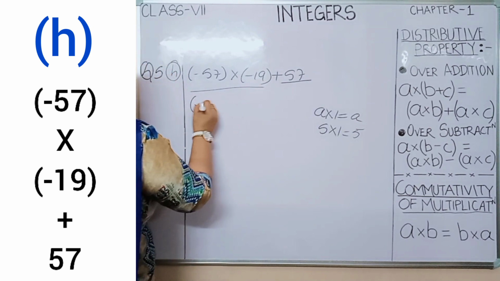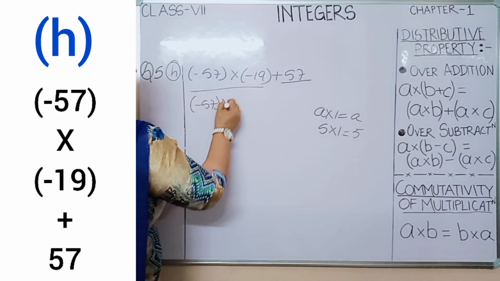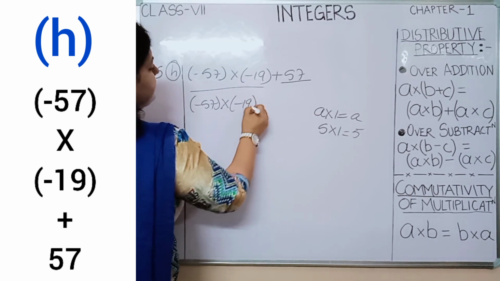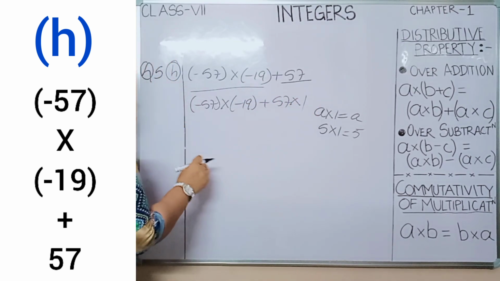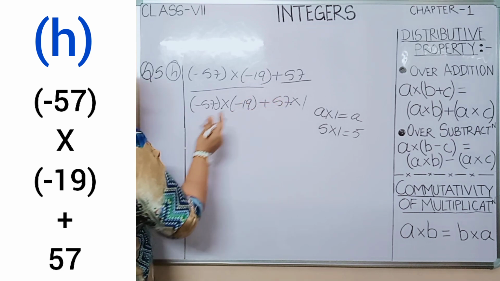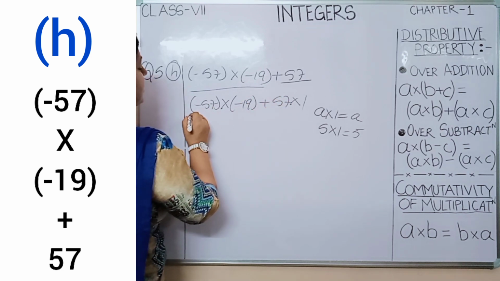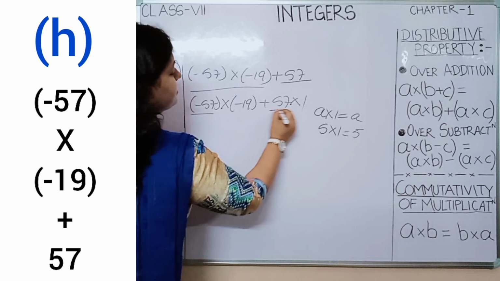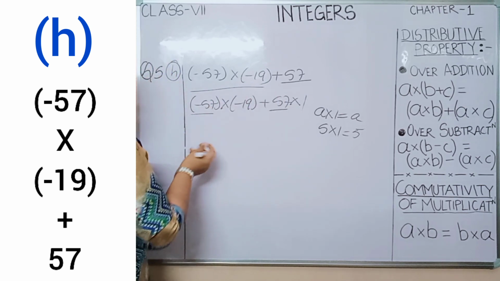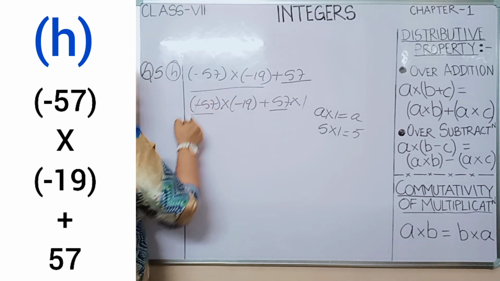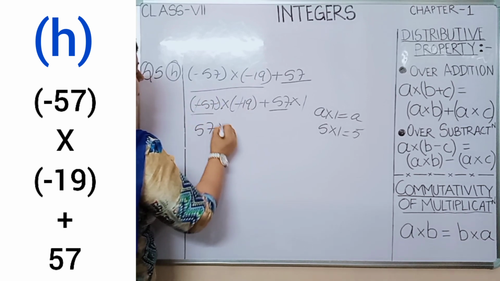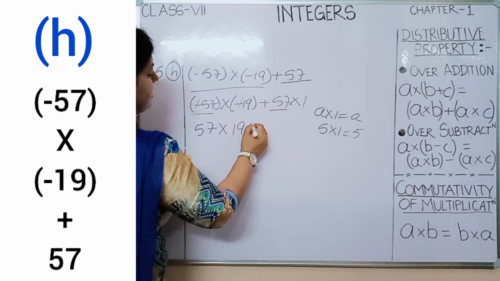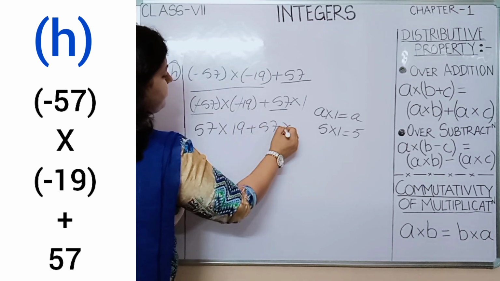So I multiply this 57 with 1 so that we can easily get a common number. Here minus 57 and here 57 only. So first of all cancel out minus and minus. So I have now 57 into 19 plus 57 into 1.